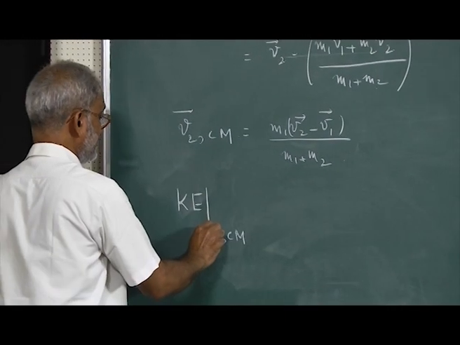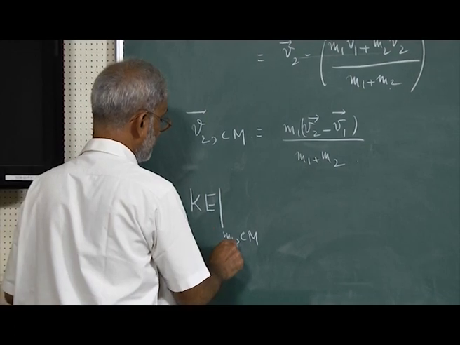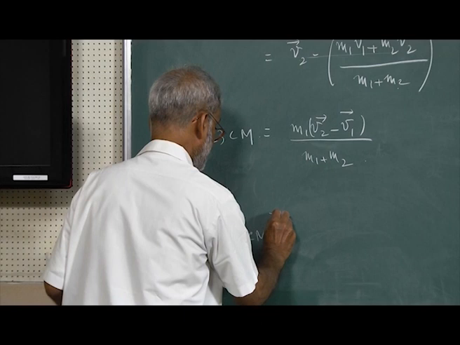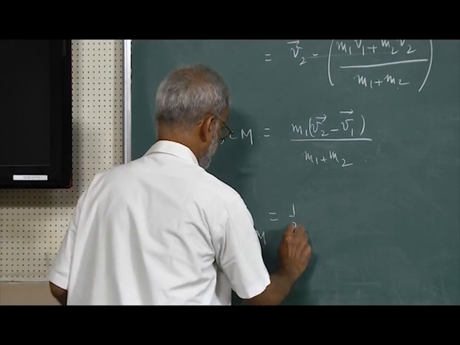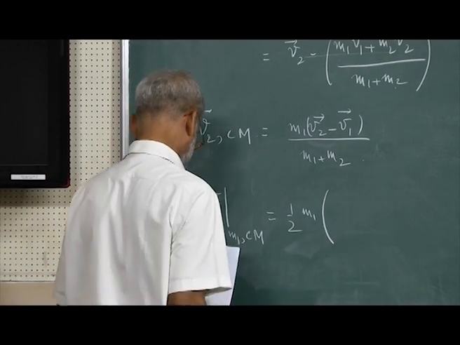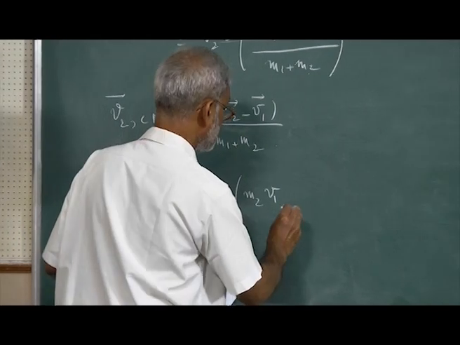This straight line just says where I am calculating this quantity. This will be by definition half m1 into the square of that, m2 V12.